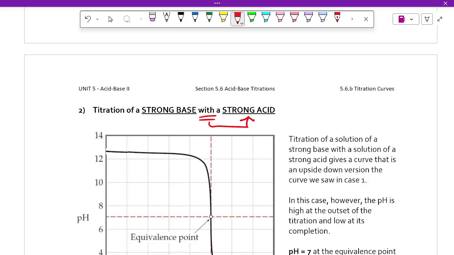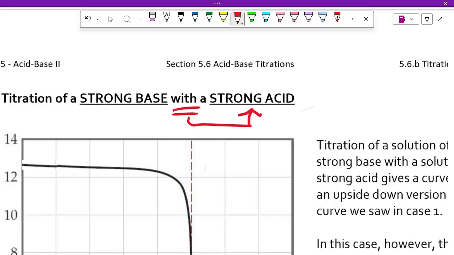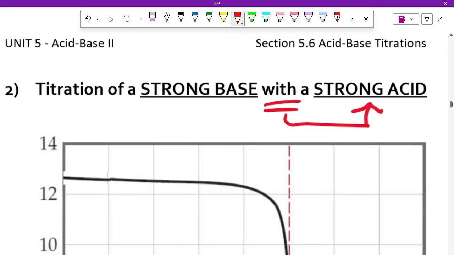Which one are we analyzing? When we say with, which one goes in the burette?